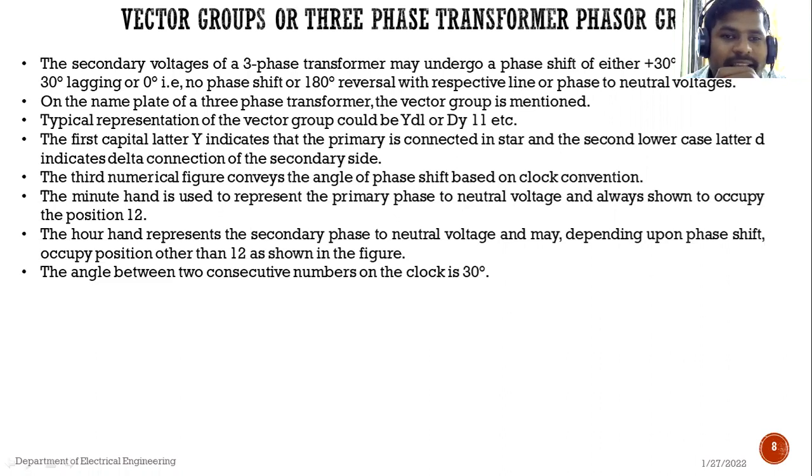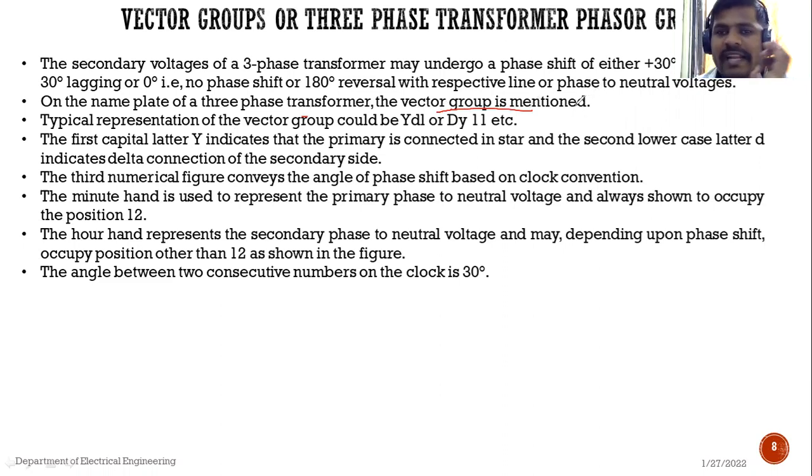Plus 30-degree is nothing but a 30-degree leading phase angle between primary and secondary winding, and minus 30-degree is nothing but a 30-degree lagging phase angle between primary and secondary winding. त्याच्यावरून त्याचे ग्रुप आहेत बघा. See, on the nameplate of the 3-phase transformer the vector group is mentioned. नेमप्लेट वरती ट्रान्सफॉर्मरचे वेक्टर ग्रुप रिप्रेझेंट केलेले असतात.